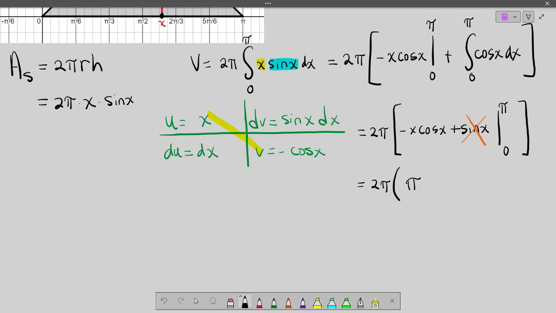And then we subtract off this antiderivative at 0. What's x cosine x at 0? 0. So we end up with this as our volume. 2 times pi squared. That'll be the volume.